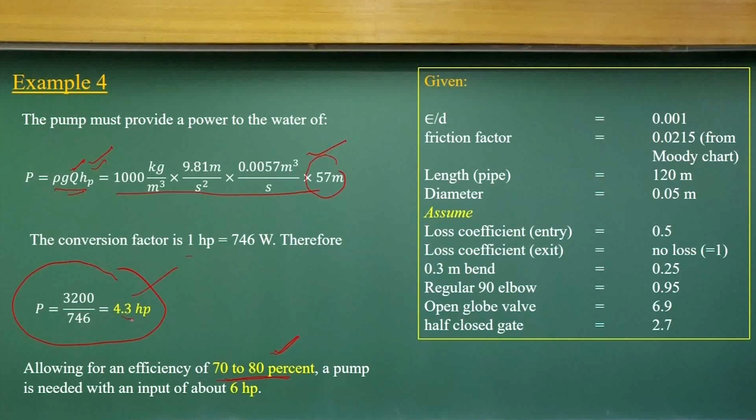Considering this 4.3 HP power in designing, we can consider a 6 HP pump is enough for this pipe flow system of two reservoirs connected with a 30 meter difference, with energy losses accounted for.